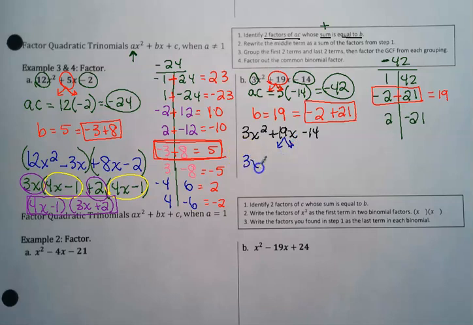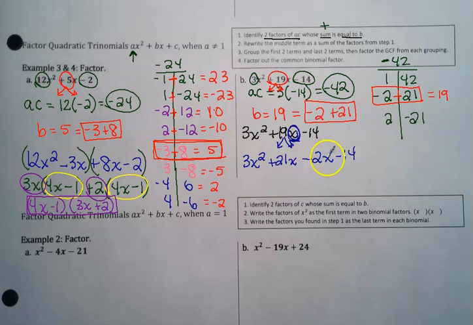So I'm going to have 3x squared plus 21x, and I add the x because it's my middle term. It has to have that x on it. Because 3 and 21 have a common factor, where 3 and negative 2 do not. Then I have negative 2x minus 14.